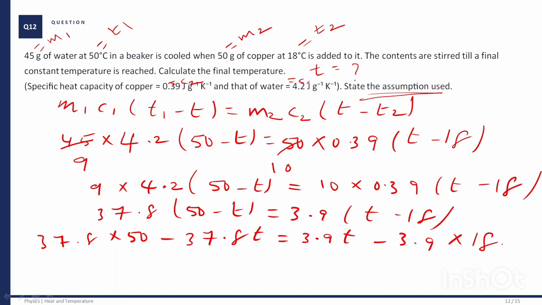It is equal to 1890. Minus 37.8 T equal to 3.9 T minus 3.9 into 18, which is 70.2.